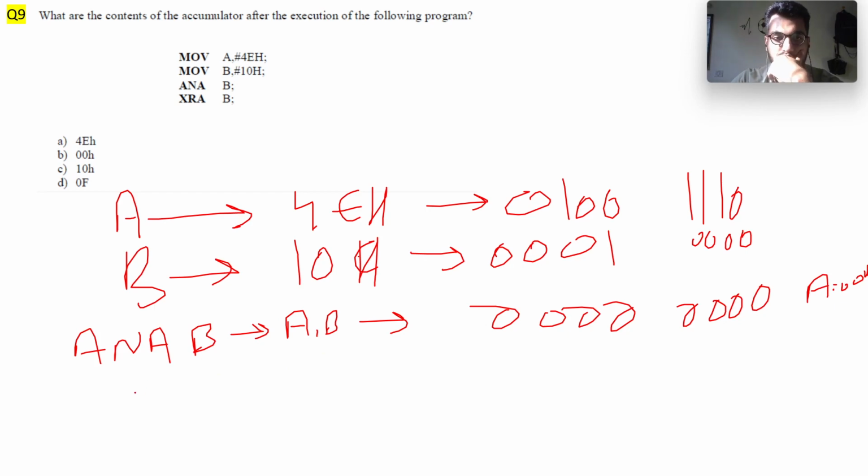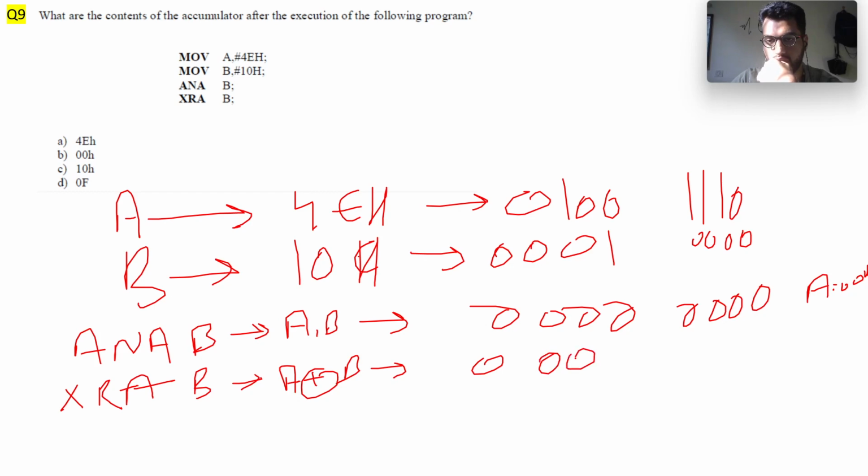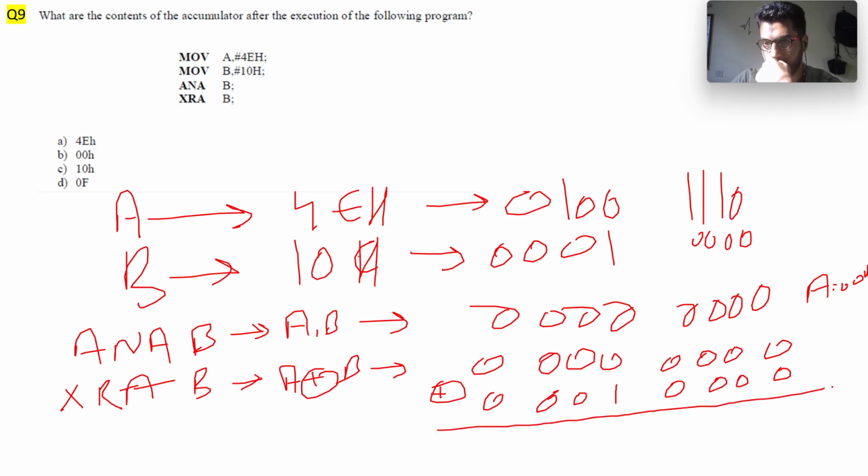Then I have XRA B, the mnemonic for an XOR operation between B and A. So it's A XOR B: 00000000 XORed with 00010000. This XOR operation gives 00010000, which is 10 hex.